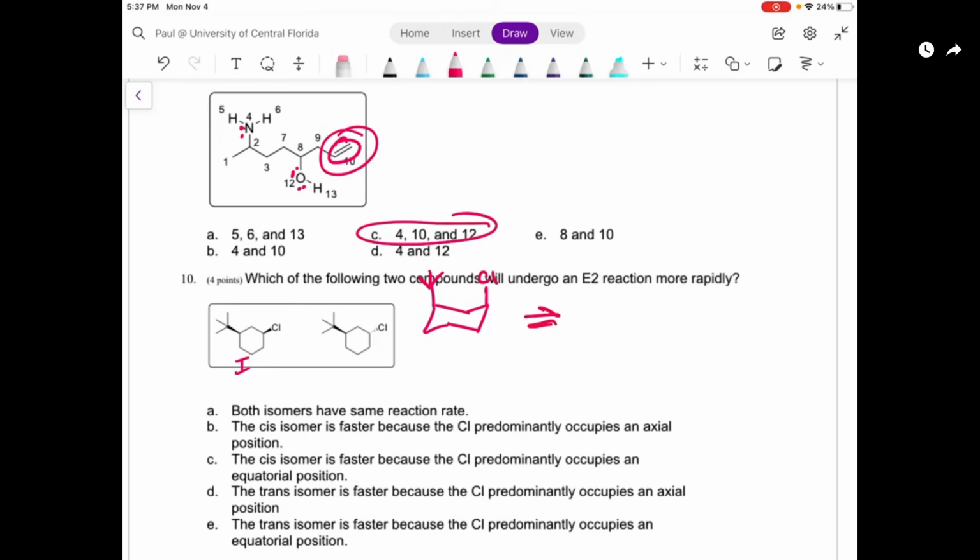When we draw the chair flip, okay, we're going to see this, like that. But if we take a look at number 2, what we will see is this right here. An equilibrium.